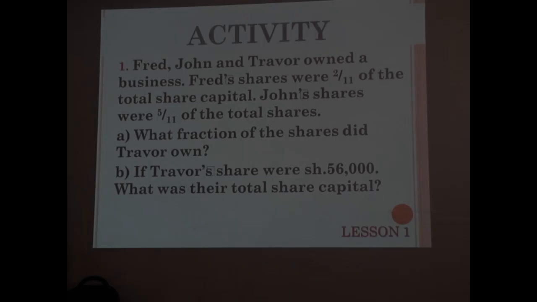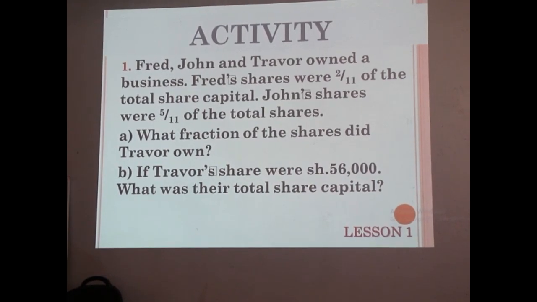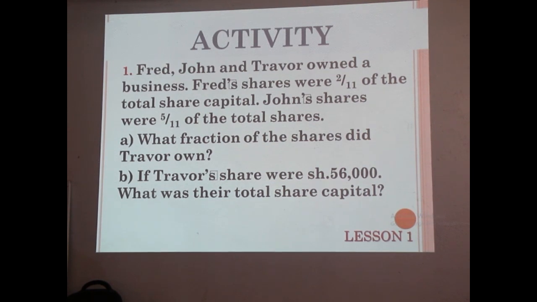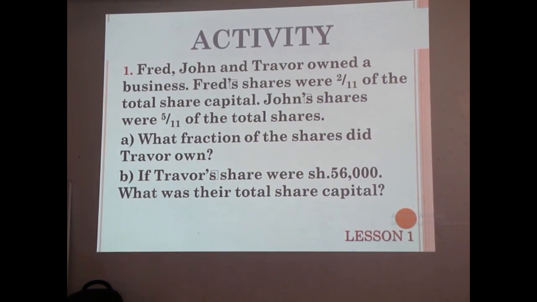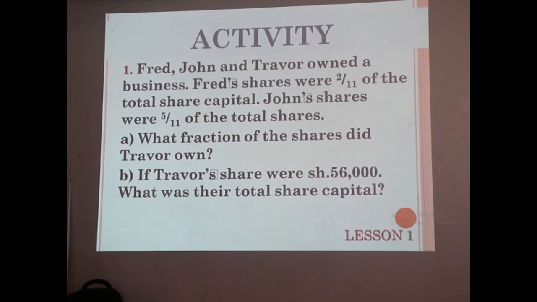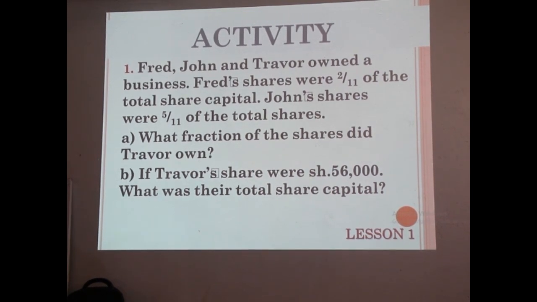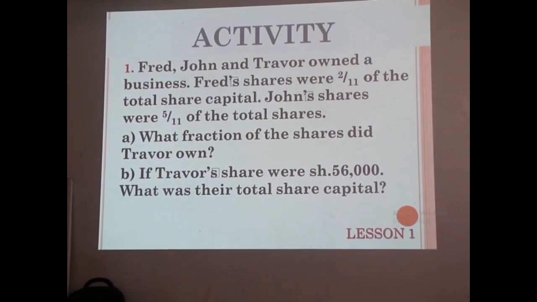Thank you so much. Now let us try out this number and we see how we can operate these fractions. Fred, John, and Trevor owned a business. Fred's shares were 2 out of 11 of the total share capital.